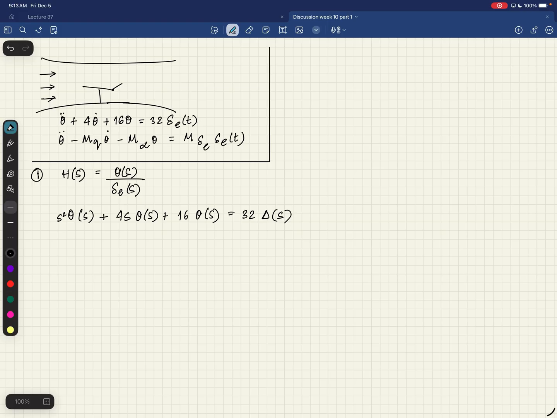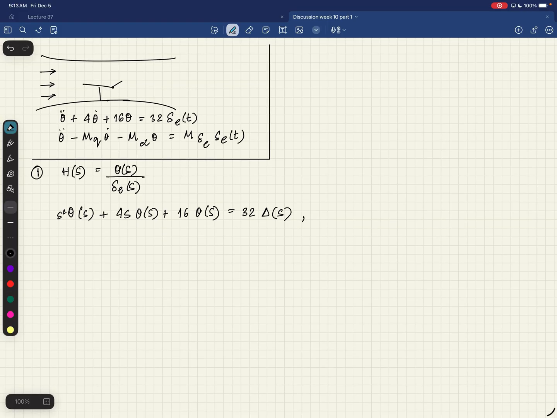Is there an implicit assumption I am making while I wrote this Laplace transform? The implicit assumption is that theta dot at time 0 and theta at time 0 are 0.